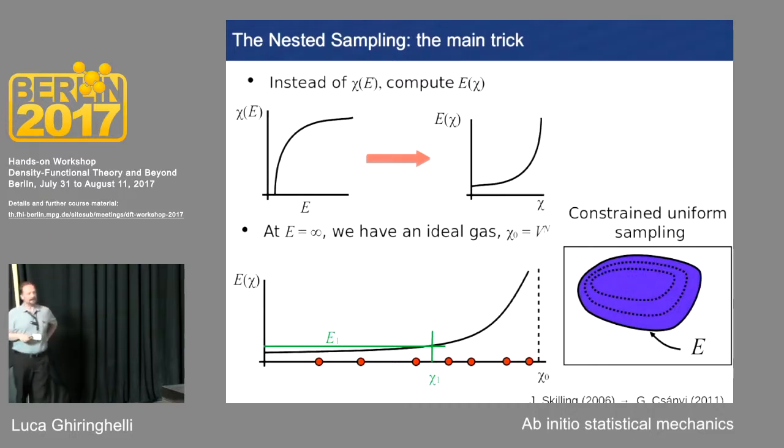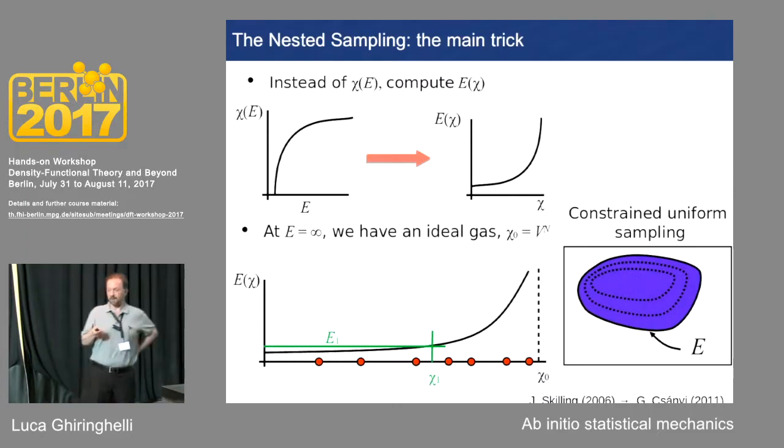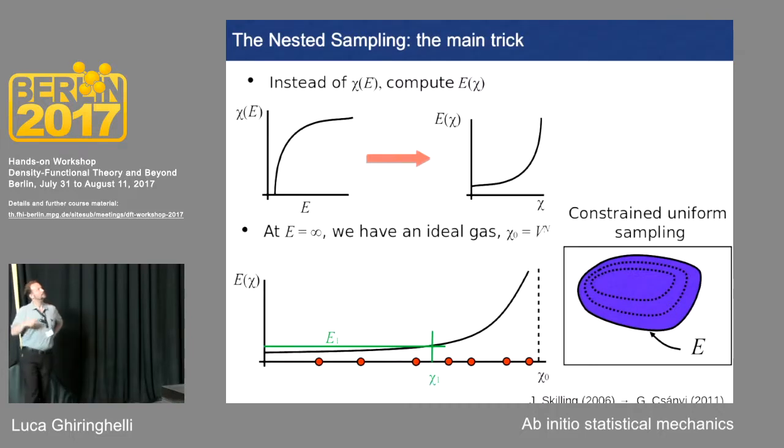Now let's say that I uniformly sample the configurations in this system. So I will get points at different energies.